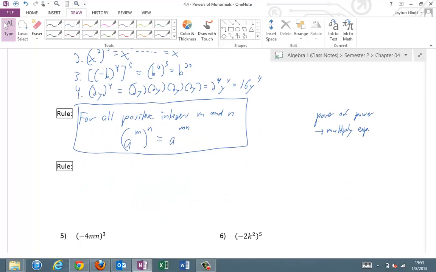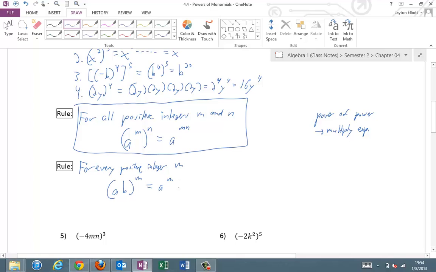Second rule, for every positive integer m, if I have two bases, a, b raised to the m, that is the same thing as a to the m, b to the m.